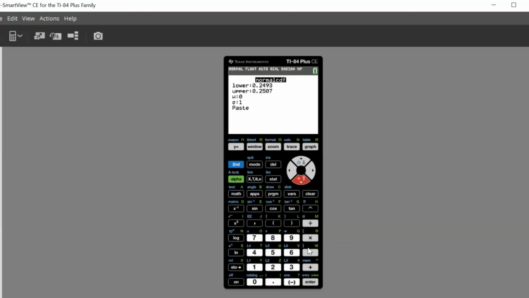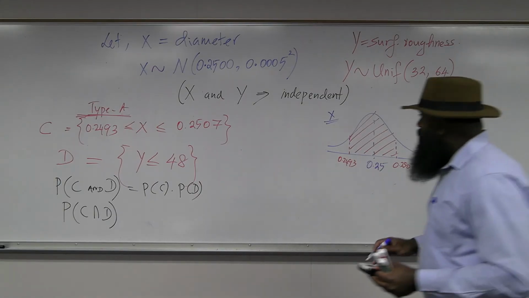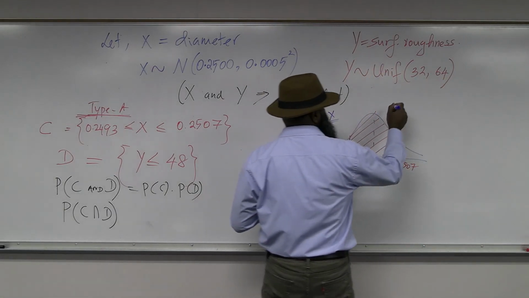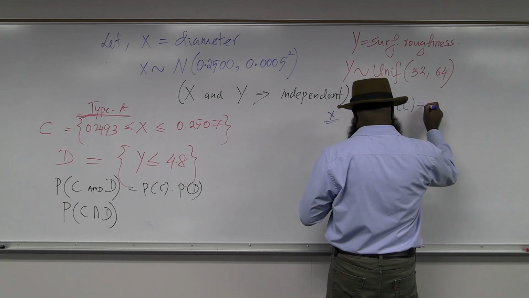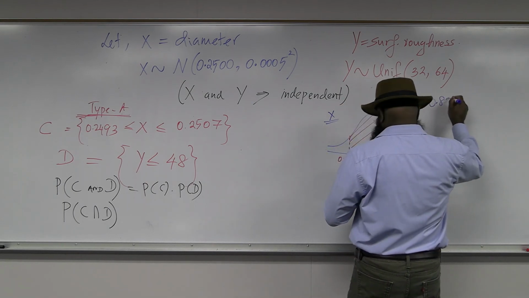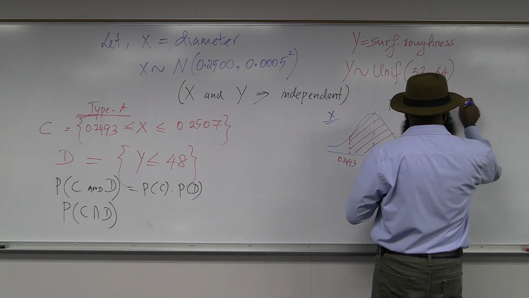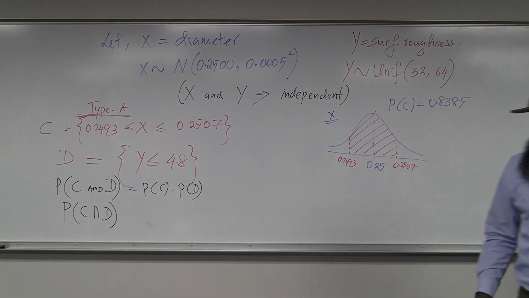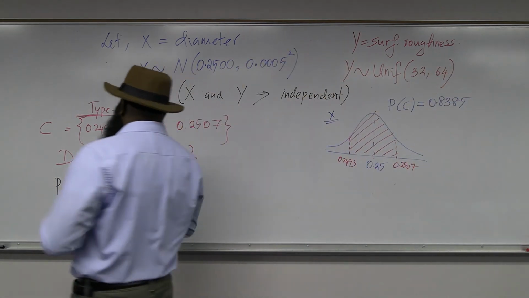Mu is equal to 0.2500 and sigma is equal to 0.0005. That's all I need, and select paste, hit enter, and hit enter again. We get 0.8385 approximately. The answer I got as the probability of C is 0.8385 approximately. And the same way I can find the probability of D.